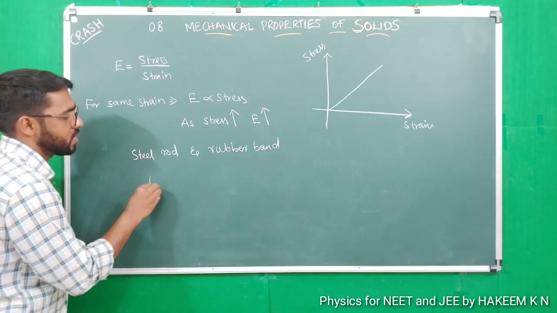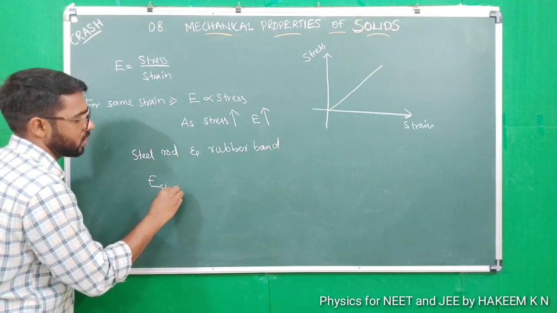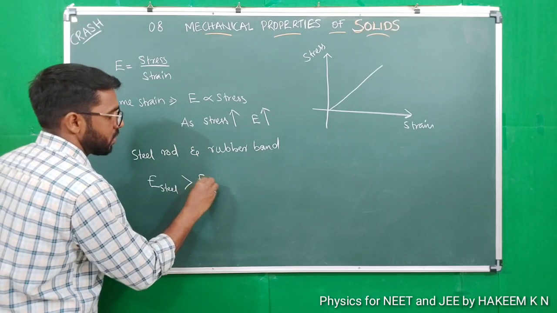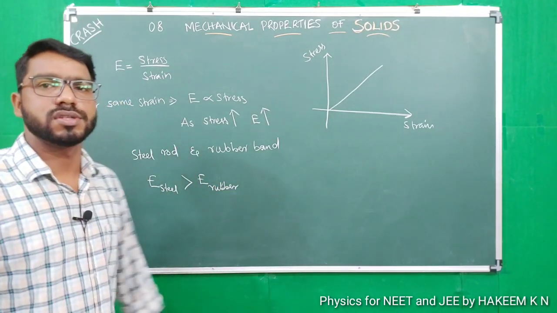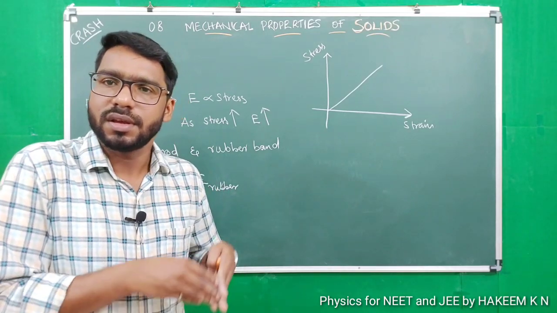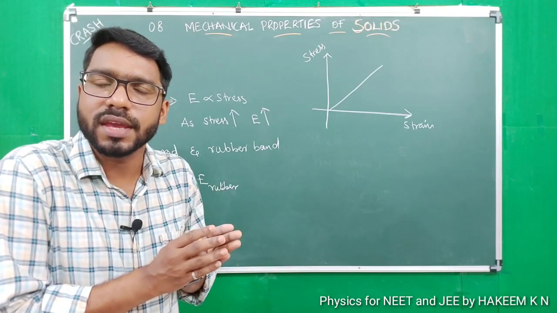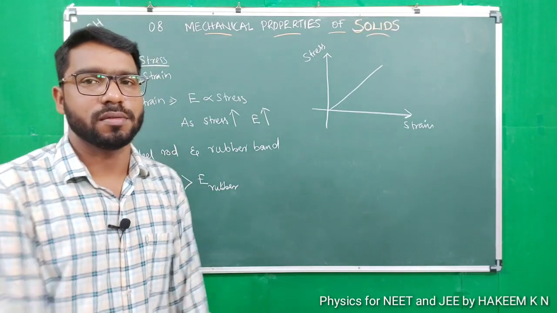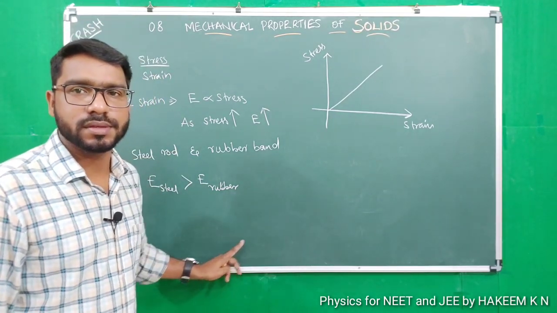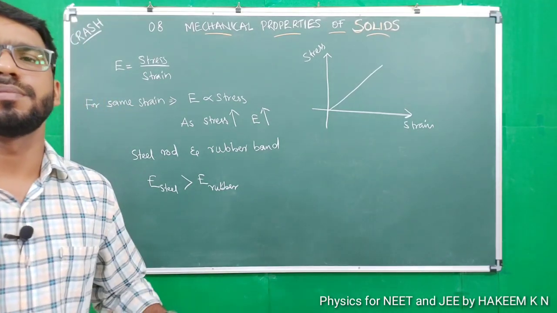So we can say elasticity of steel is greater than elasticity of rubber. So we can say steel is more elastic than rubber.